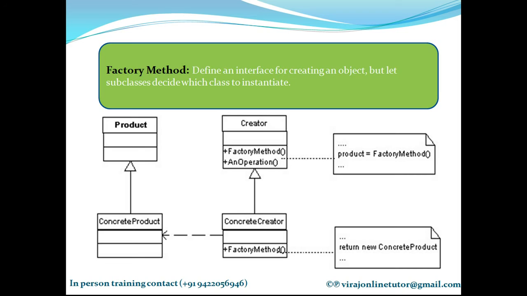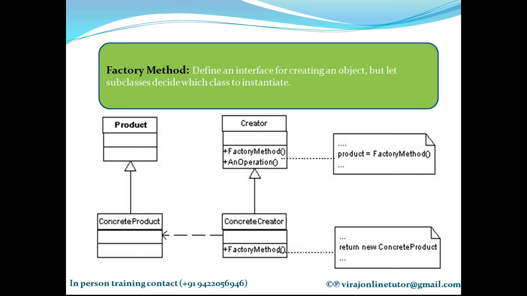Now, as far as the implementation goes, you can use 3 different implementations depending on the type of problem you have at hand. So I am going to explain 3 different implementations for this factory method. Based on your use case, please select the ones which you need.